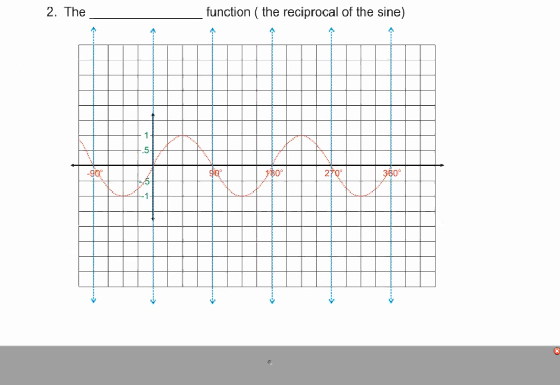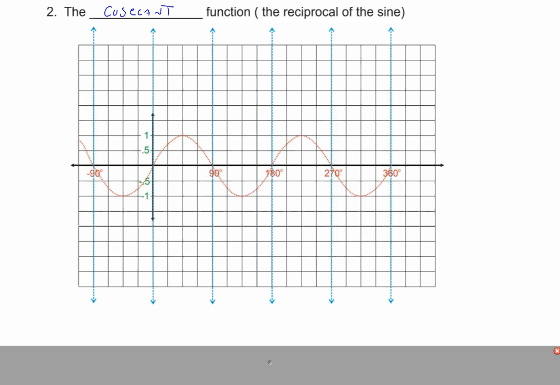Okay, so what is the reciprocal of the sine? It is the cosecant. All right, so let's do the cosecant. I'll do it in blue. The easiest way to do the cosecant is to graph the sine.